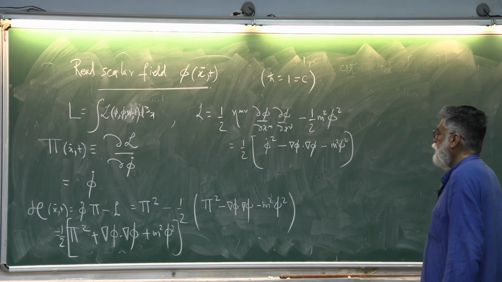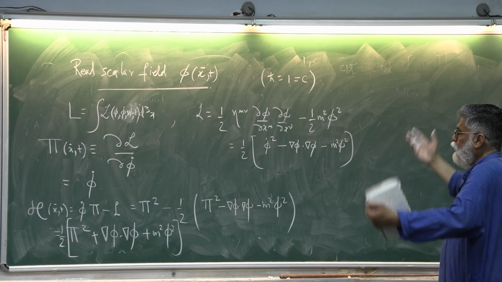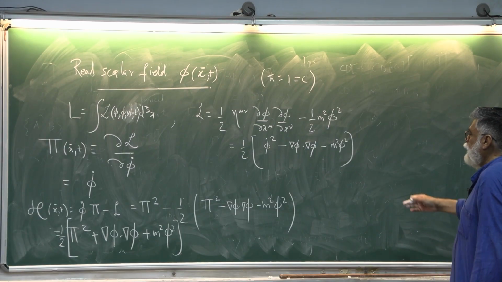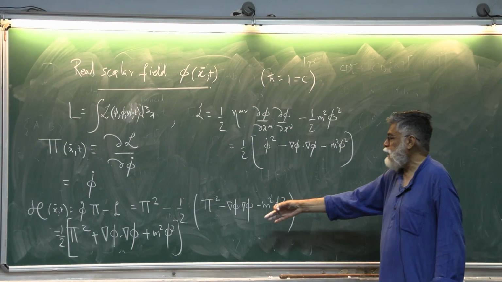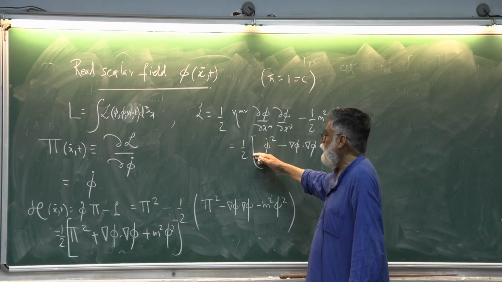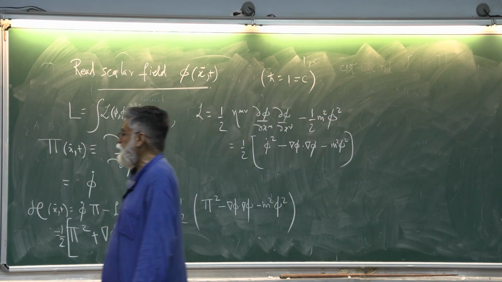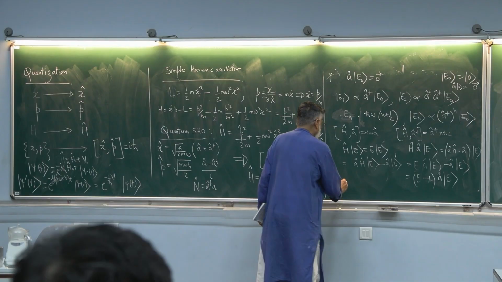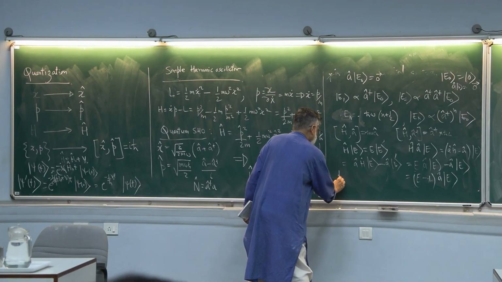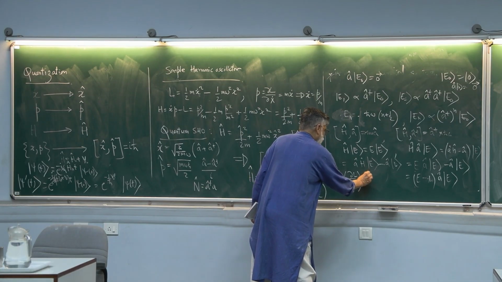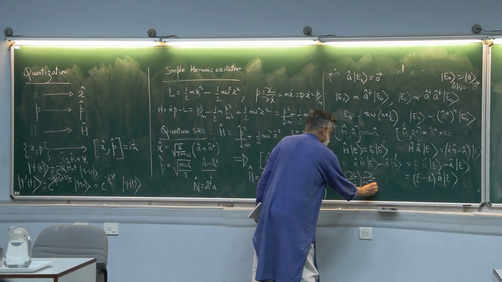So far good, and we can find out what the equations of motion are, whether you take the Hamiltonian formulation or the Lagrangian formulation. In the Lagrangian formulation, just like in classical mechanics, what are the equations of motion? d by dt of del L by del x dot minus del L by del x is equal to 0.